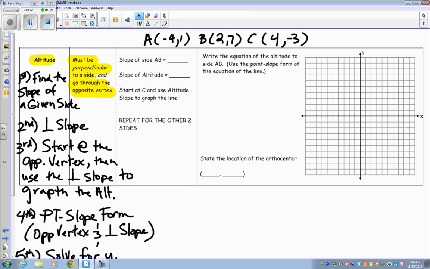So we're going to plot those points. Graph them, label them, and connect them. So we have A, B, and C, and I'm going to connect them.